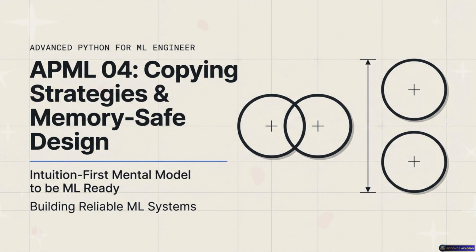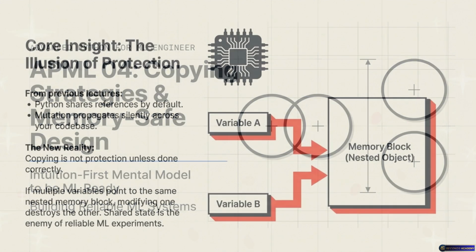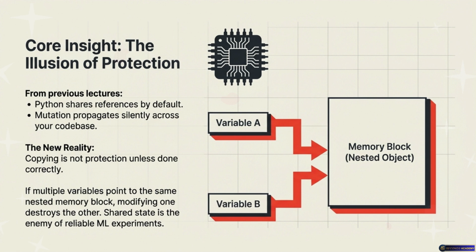We want you to step into the mindset of a true ML engineer today, because building models isn't just about importing a library and hitting train. No, not at all. It is about architectural defense. Understanding how memory is handled under the hood is what saves you from spending 4 days chasing a bug that doesn't actually exist in your math, but rather in your memory management.